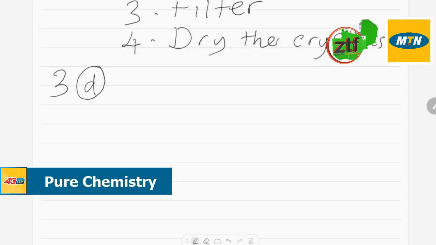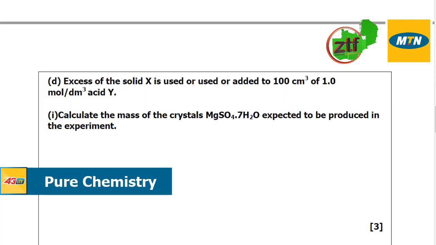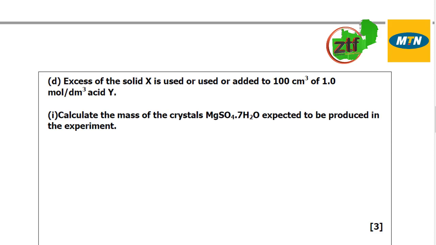The question reads: excess of solid X is added to 100 cubic centimeter of 1.0 mole per cubic decimeter of acid Y. Calculate the mass of the crystals magnesium sulfate heptahydrate expected to be produced in the experiment.